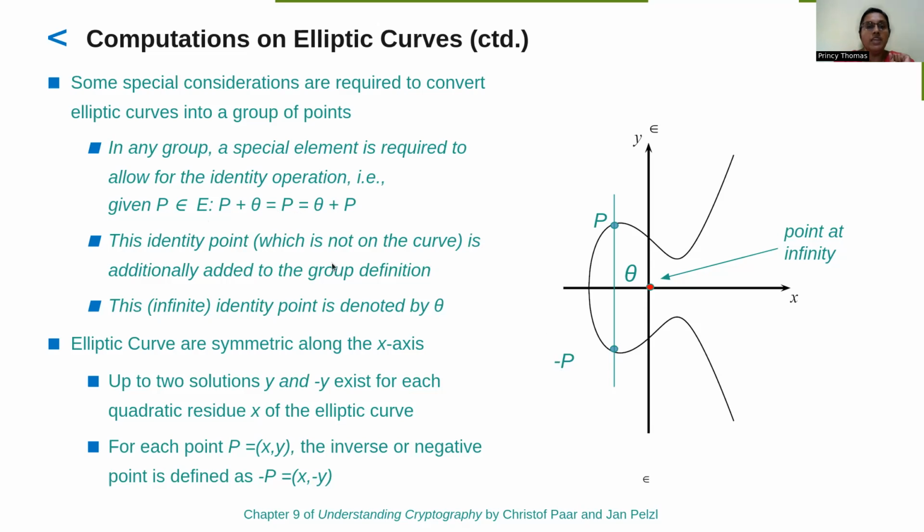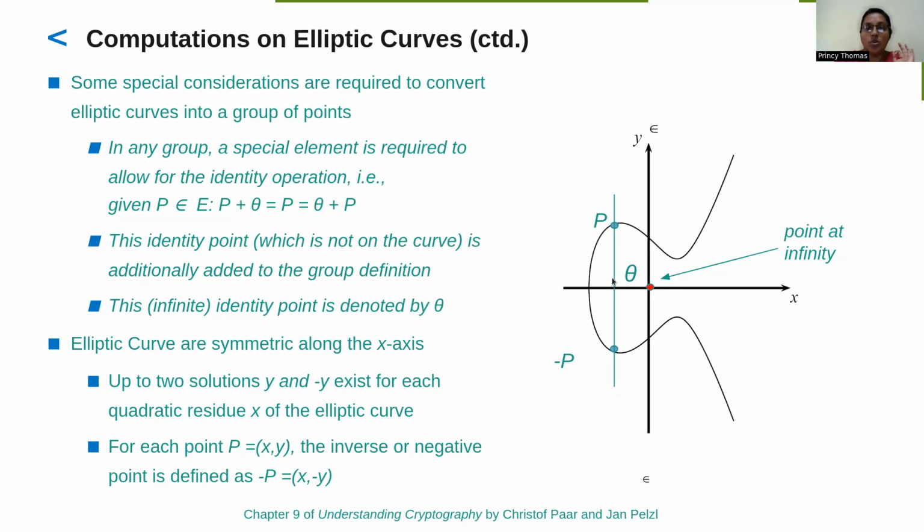Now look over here. In this equation, we can rewrite it as P minus P is equal to theta. Later on, you will see that if you have 2 points, the addition of those 2 points is connecting them and extending the line so that it cuts the elliptic curve in a particular position.